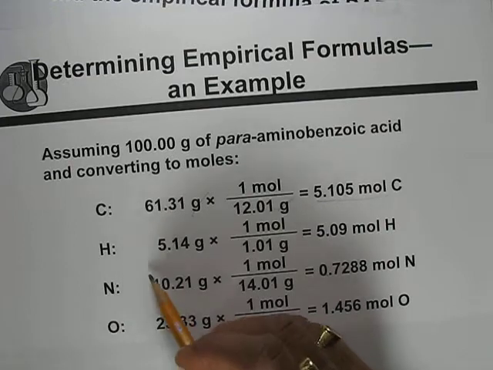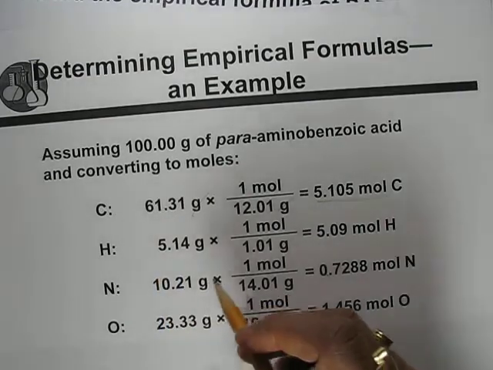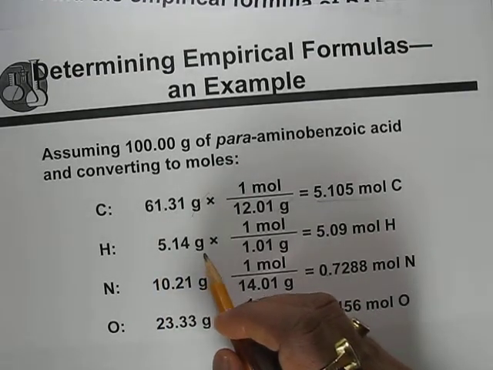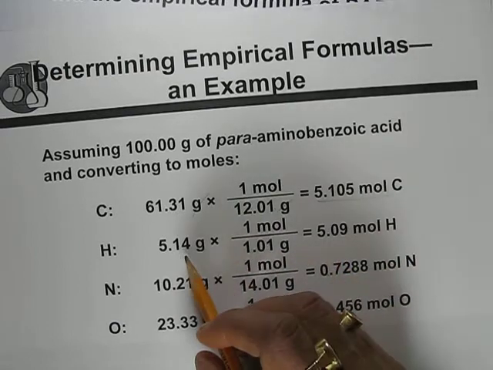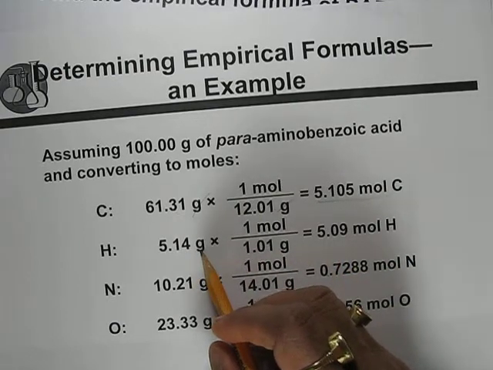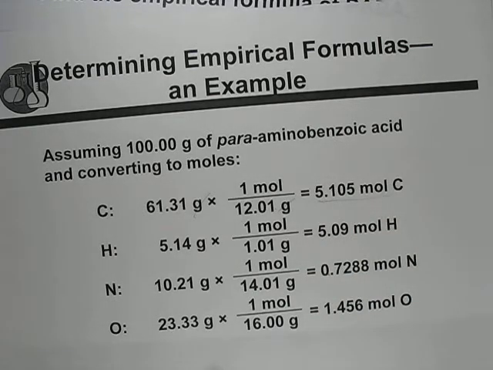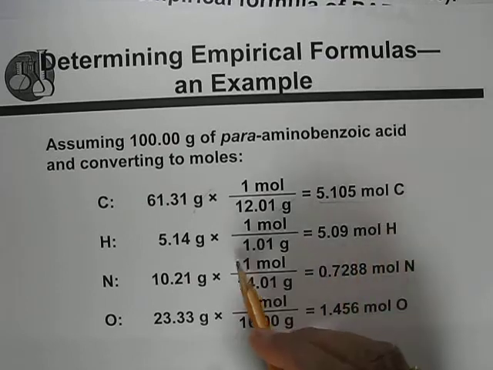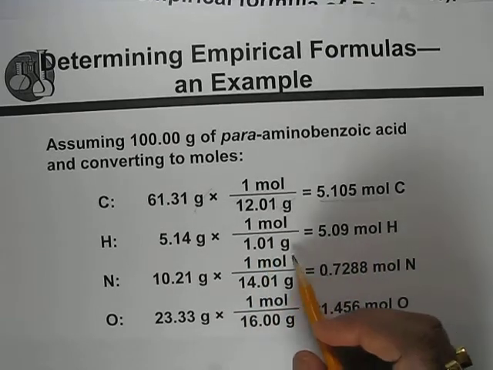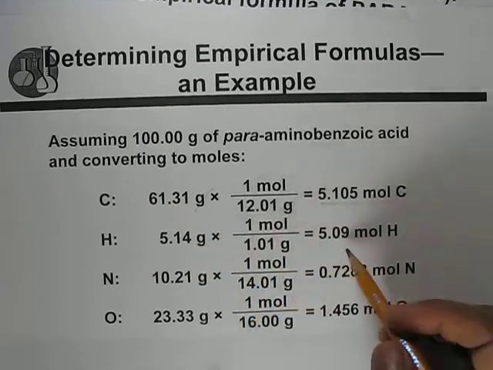In a similar way we find how many moles of hydrogen are in 5.14 gram. So 1 mole divided by the molar mass of hydrogen, which is 1 gram, so it would be almost the same.